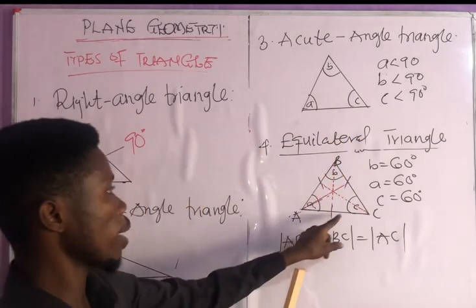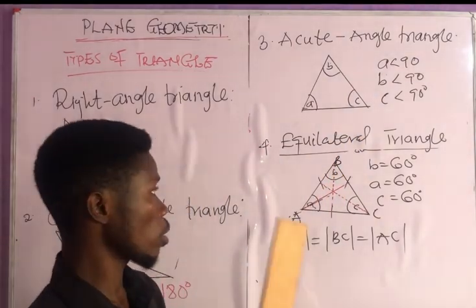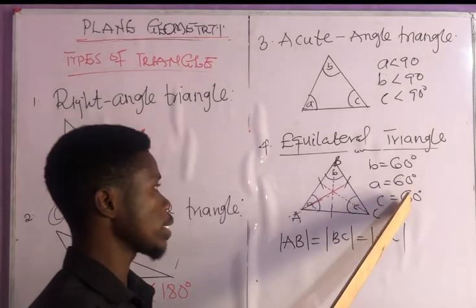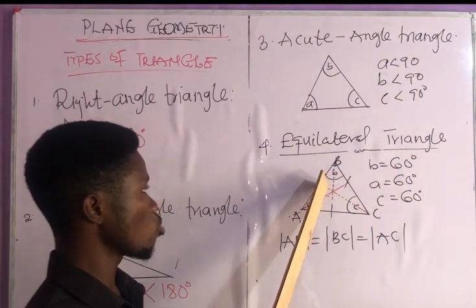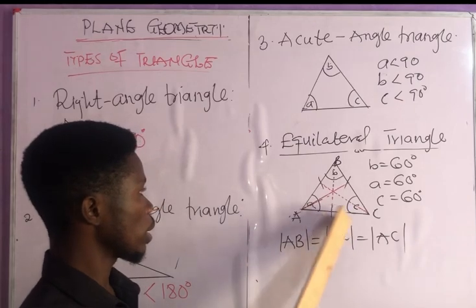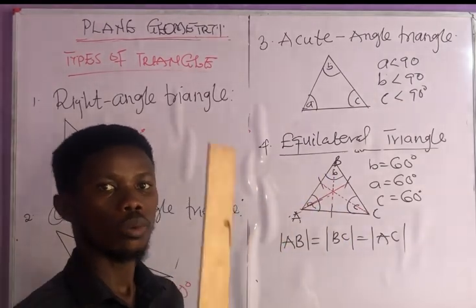We have 3 lines of what? Symmetry. 3 lines of symmetry for an equilateral triangle. So we have looked at the angle is 60. Then the 3 lines of symmetry are 1, 2, 3. And their lengths are what? Equal. That is for the equilateral triangle.